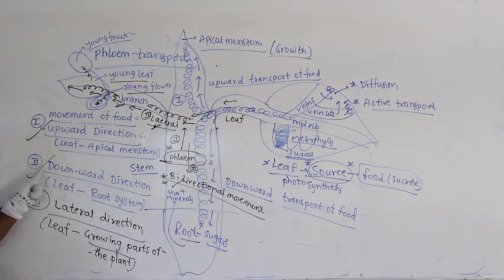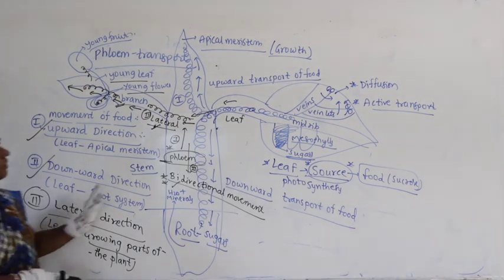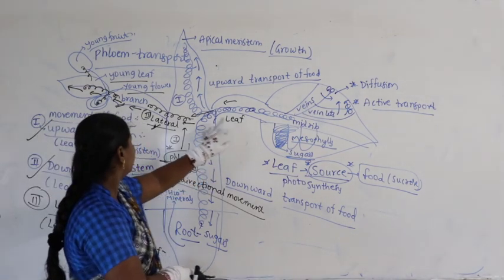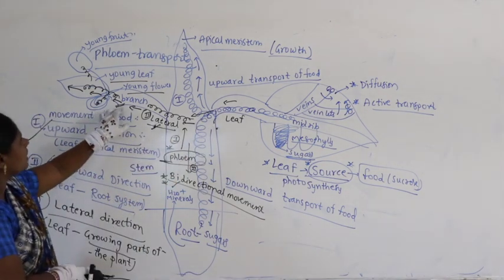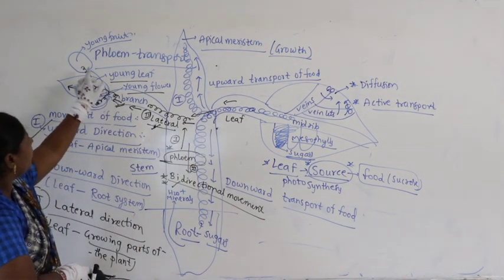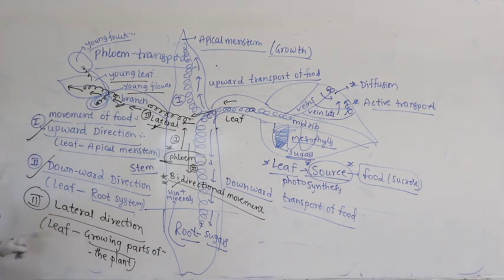Apart from upward and downward direction, in the phloem there is even a lateral directional movement. What happens? Here from the leaf the food needs to get translocated to the branches, young flowers, young leaf, young fruits. What occurs is called a lateral direction. So, the leaf is the one which acts as a source for growing parts of the plant.